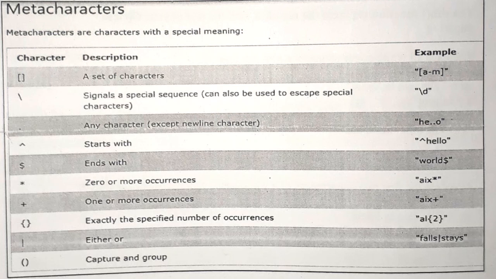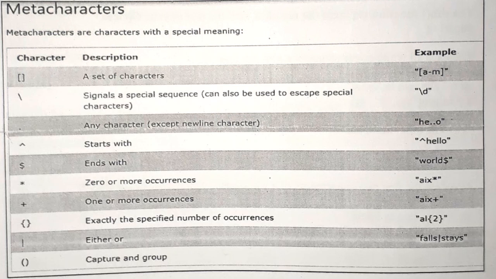Then the next meta character is dot. Dot means any character except the newline character. It will only check the characters present on a single line. Just see the example: he, then two dots and o. This pattern indicates that whatever string we provide should contain the word "he", and after that there can be any characters, but the string should end with o.